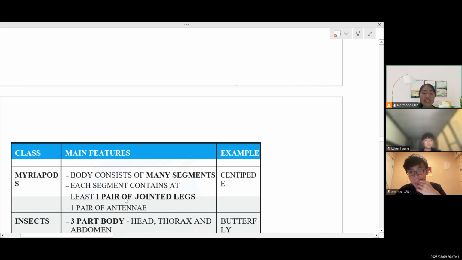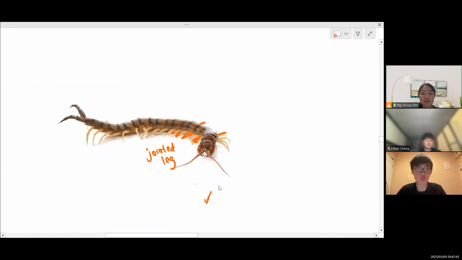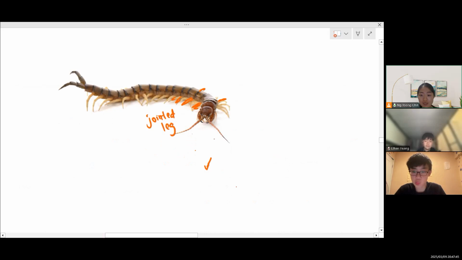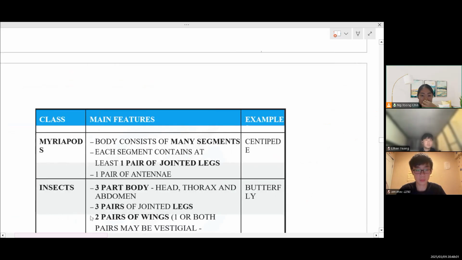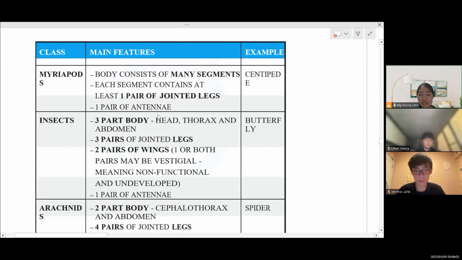And also they have antennae. Antenna refers to this one. They use the antennae to help them feel the surroundings.